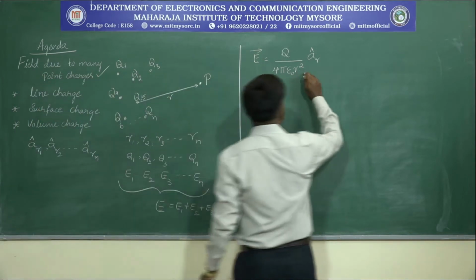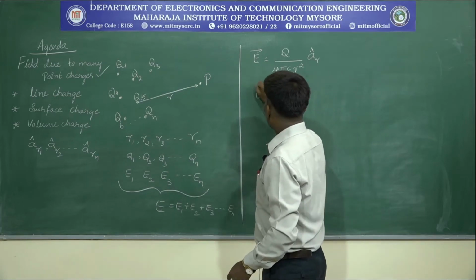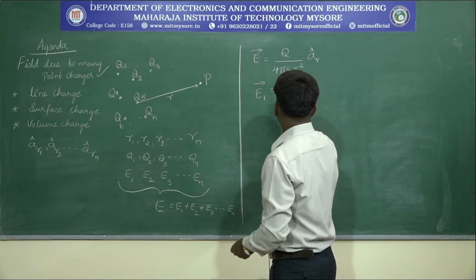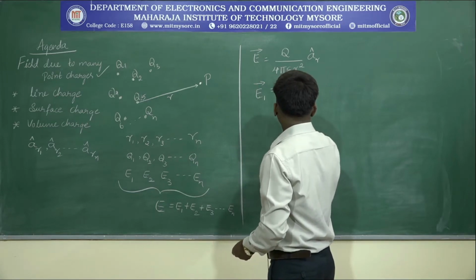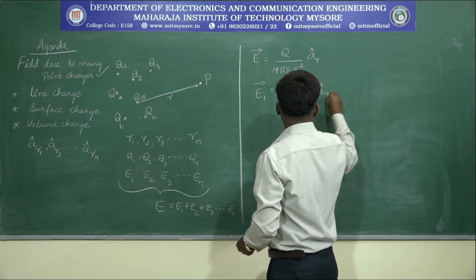Okay, so this is the general equation. If I write the equation for E1, then this becomes Q1 divided by 4 pi epsilon naught R1 square into A cap R1.